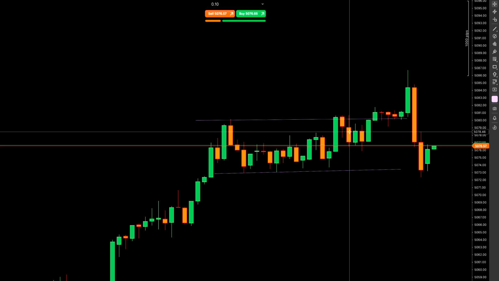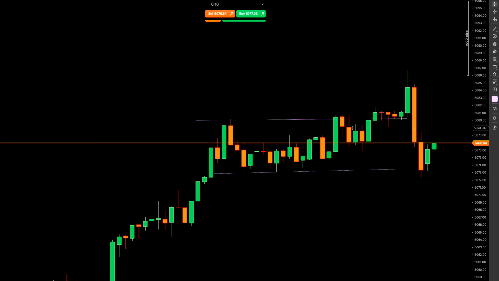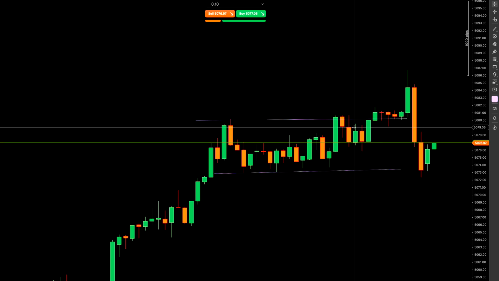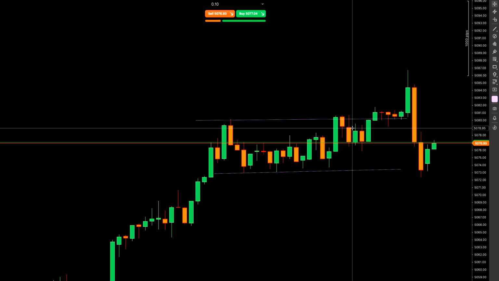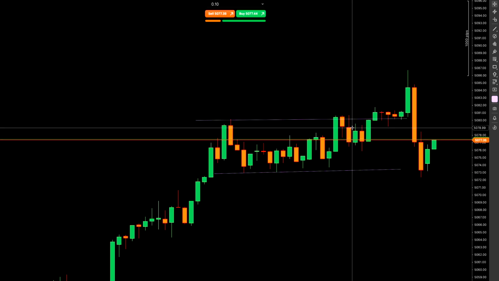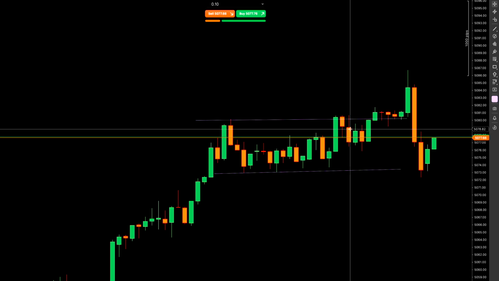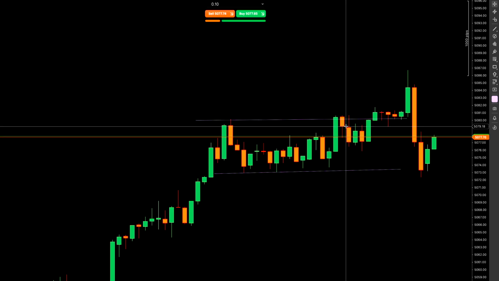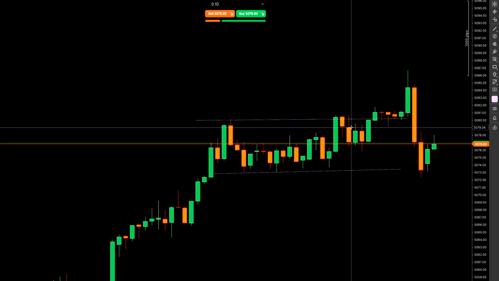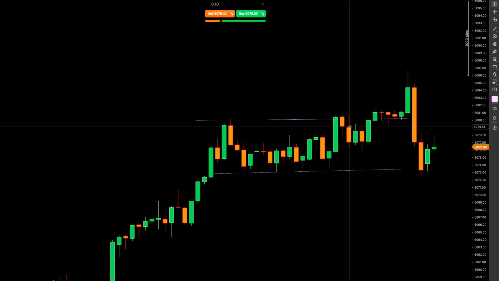So come to this one. We have this candle, which opens up here. Remember, whenever you have this bullish candle, there might have been some type of movement over here. We would call it an inside bar.